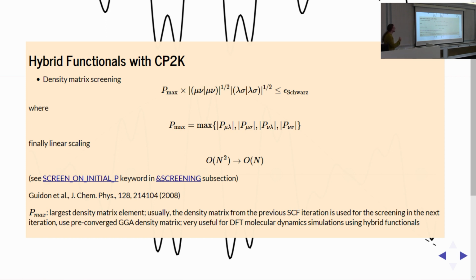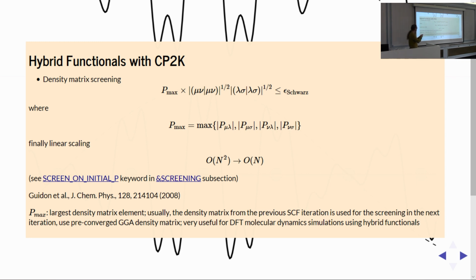And there's a final thing that's done in CP2K, which will actually eventually bring us down to order n scaling. That is to not just use the Schwarz inequality, as we did in the previous one, but to actually look at this Pmax, this density matrix element, which tells us how much of any of these mu, nu pairs of functions are involved in our occupied wave functions.